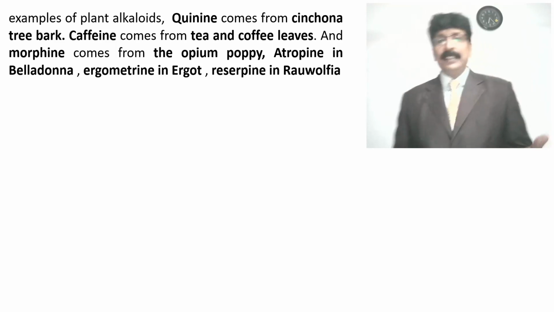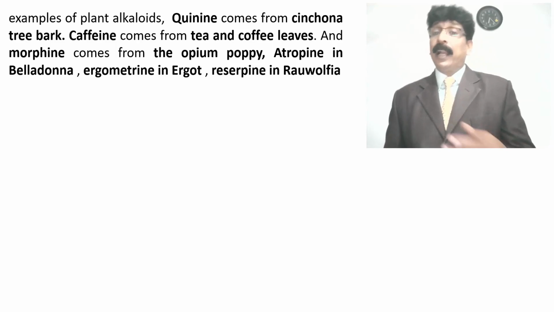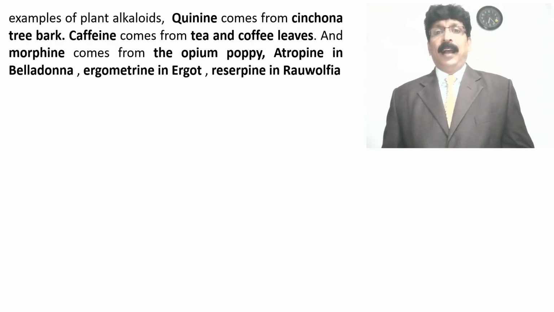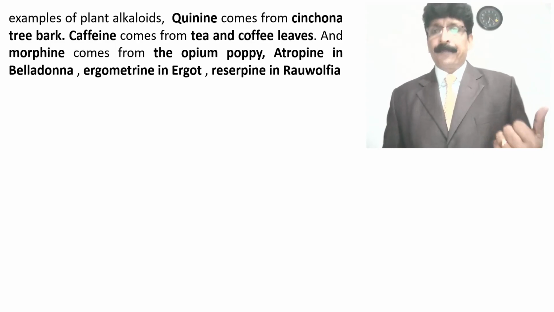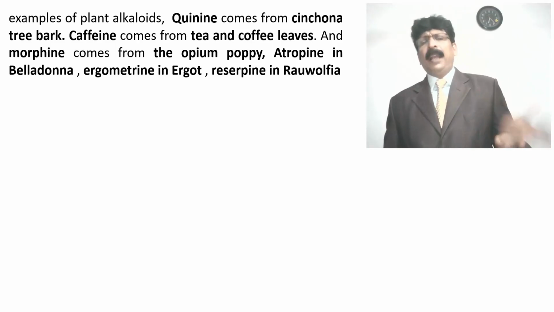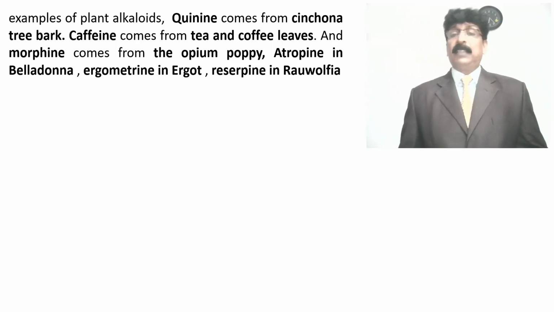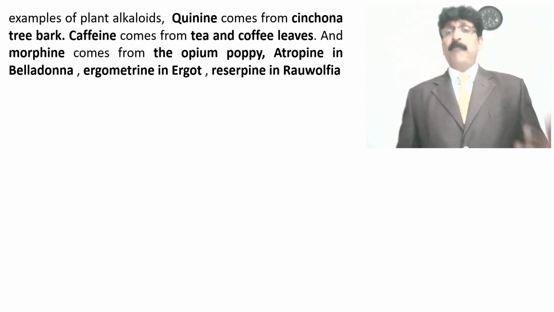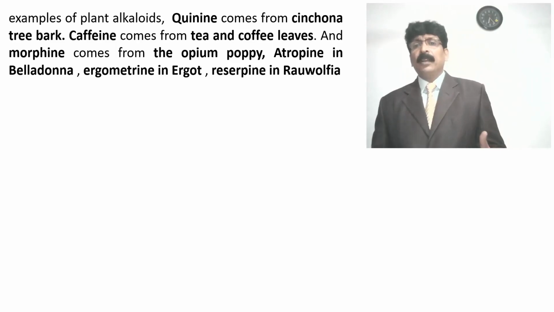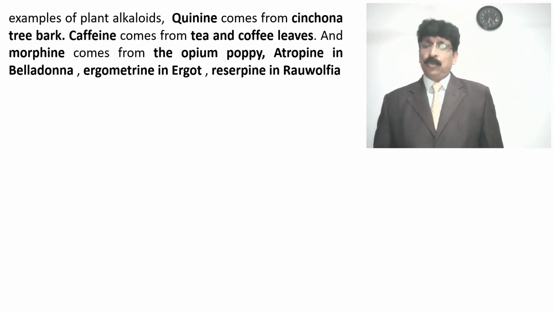Ergometrine is present in ergot. Reserpine is present in Rauwolfia. So there are still many alkaloids, secondary metabolites, which are used for medicinal purposes and have many therapeutic activities, and many formulations are also available for various ailments.